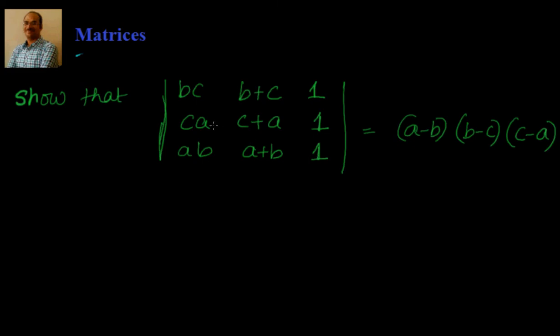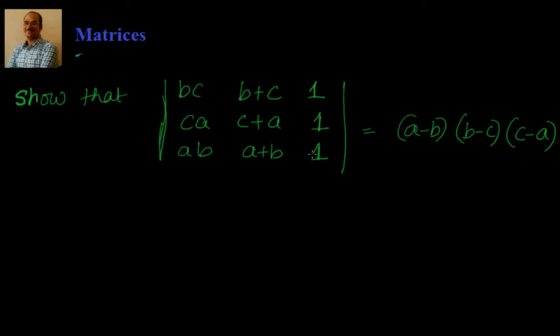The property says that any row or any column of this particular matrix can be written as that row plus another row. Now, if you remember, in the last video I said that whenever you have zeros it becomes easy, because 0 multiplied by anything is 0.